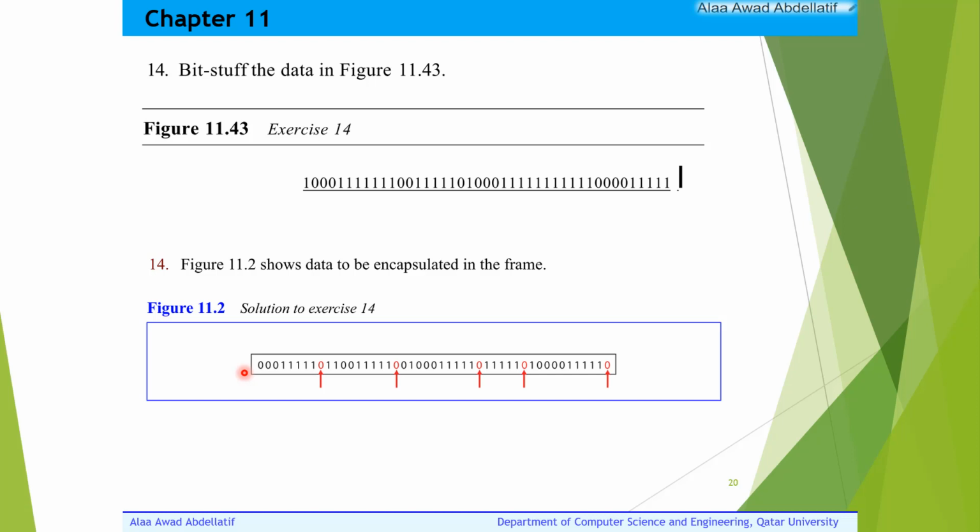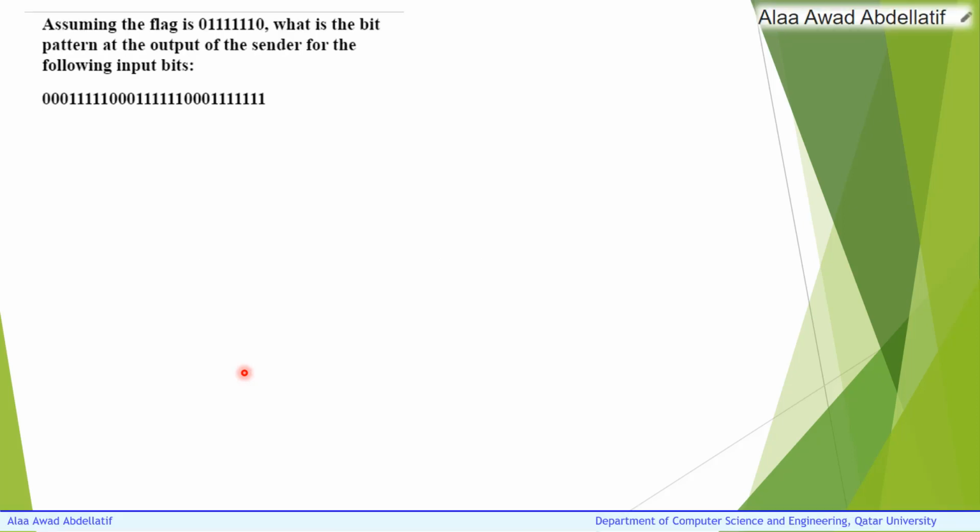So in this case, for this example, we will add 5 zeros. Okay, this is bit stuffing.